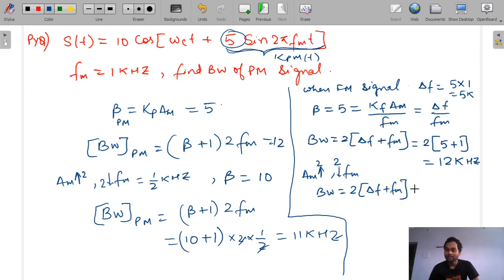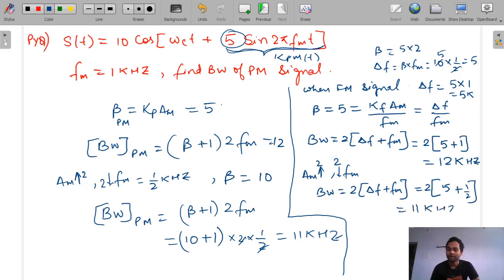See, fm is decreased by 2 and delta f is the same here, because delta f does not depend on fm. We have already studied this. Beta will be 5 into 2 and delta f will be beta into fm. So that is equal to 10 into half, that will be equal to 5. So delta f is always 5 and fm will be half. So again that will be 11 kilohertz.